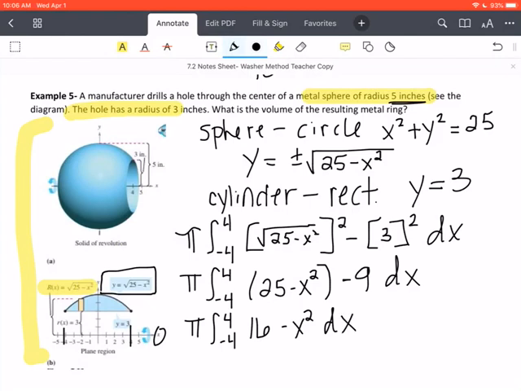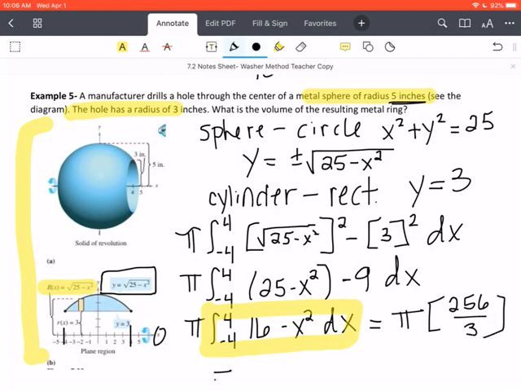So at this point, as I mentioned earlier, you can put this into your graphing calculator, find the integral, and then tack a pi in front of it. But you always want to go back to your calculation screen to see if you can convert it back to a rational function. If you convert it back, you end up getting 256 over 3 times pi.